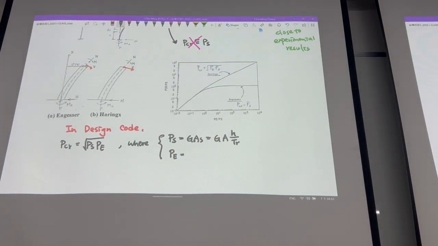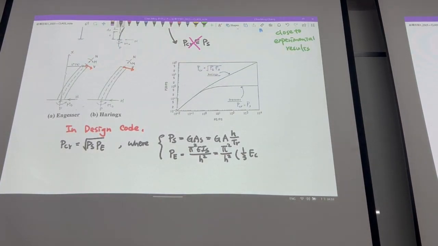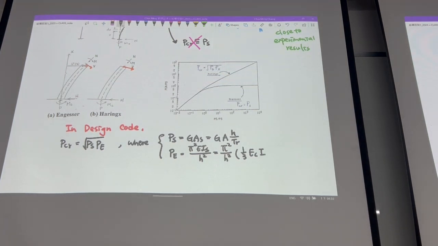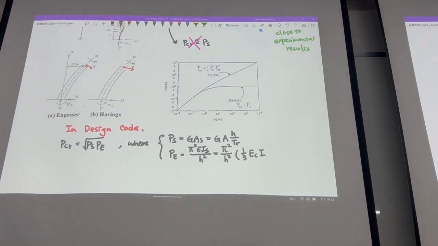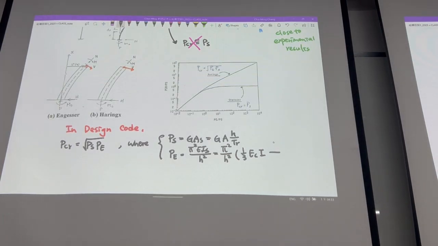PE is the same, pi squared EI divided by H squared. Use 1/3 of BC to be conservative, which is derived with the shape factor, and modify that by this one.